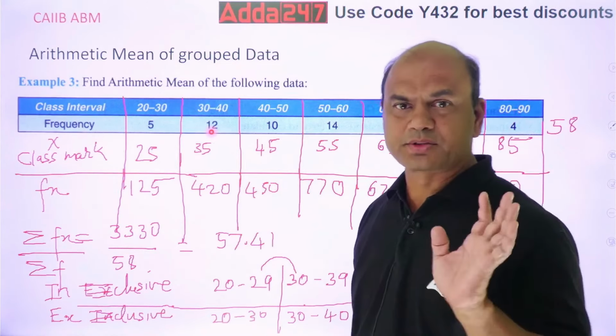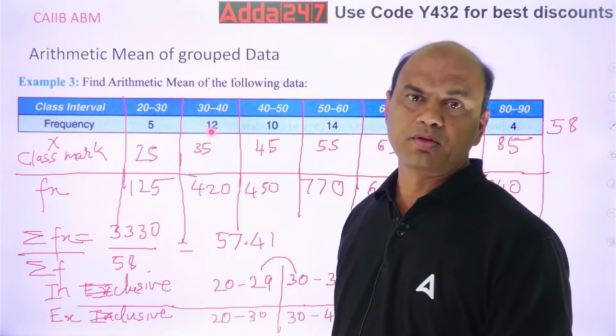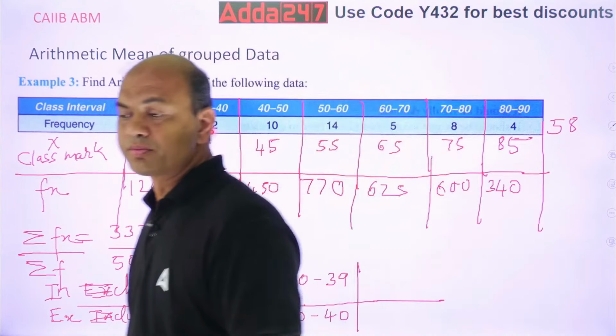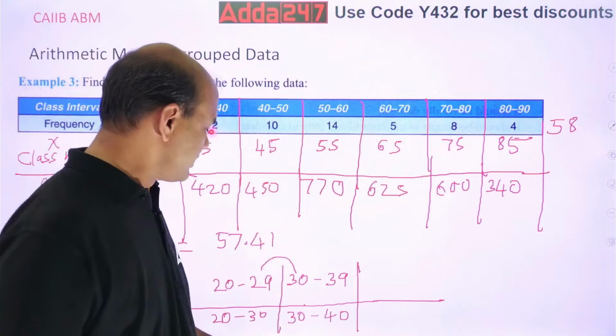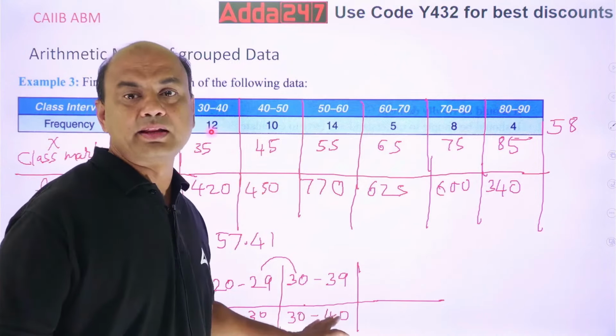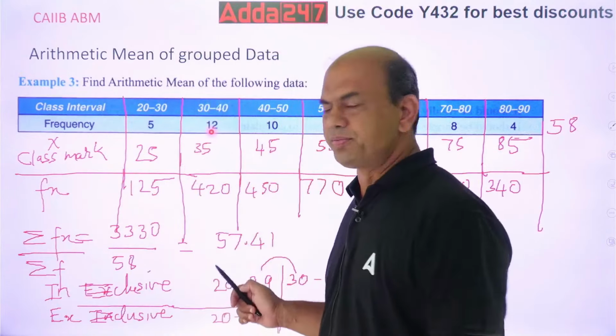But remember, in an exclusive group, one of them is not taken. What will we do? We won't take the last one, 30. We will take it up to 29 and leave the 30. From here, you will take up to 39 and leave the 40. Similarly for the others. Now clear?